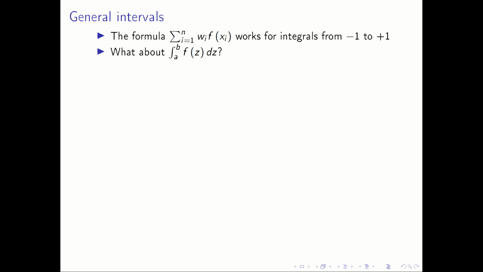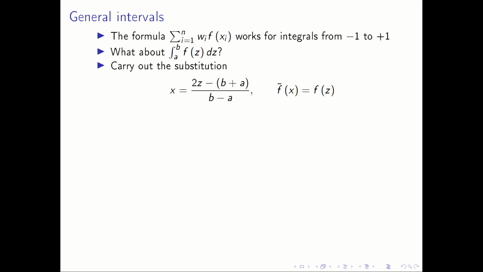What about integrals from a to b of f(z) dz, where a and b are two arbitrary finite numbers? Well, this is not very difficult. All you have to do is change or substitute variables so that in terms of the new variable the limits become -1 and +1. The substitution is actually pretty simple.